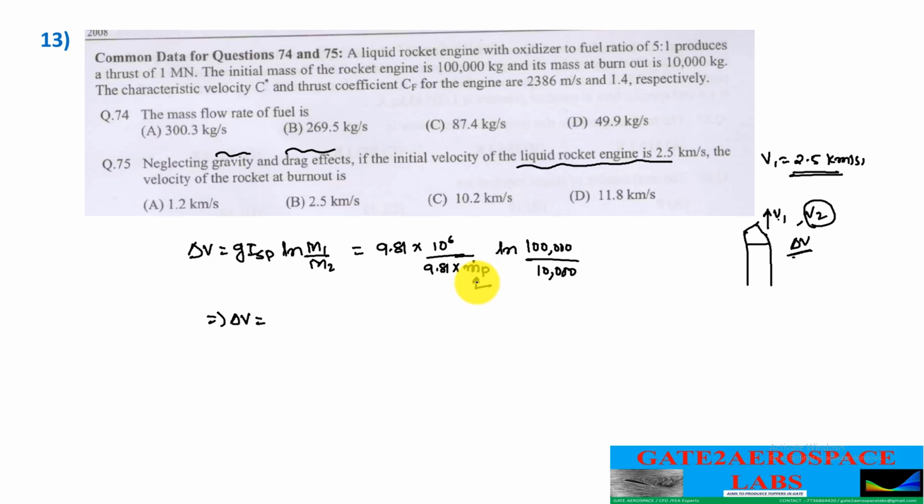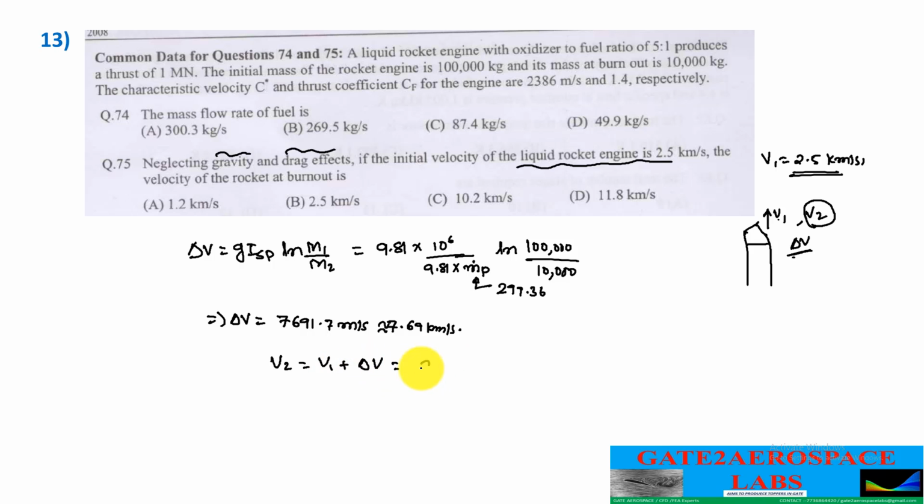If you solve this, delta V comes out. With Isp equal to 299.36, you will get delta V as 7691.7 meters per second, which is close to 7.69 kilometers per second. So V2 will be equal to V1 plus the velocity added due to burning.